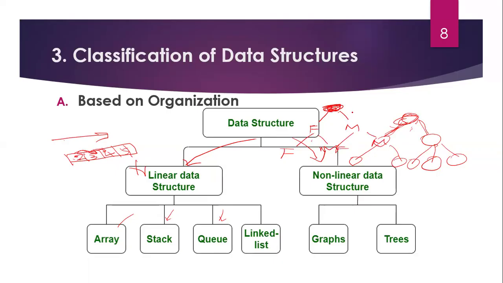If someone wants to know your grandparents' names, they have to come through your father and his father. So this is connected in a hierarchical method. You cannot directly access the grandparents. You have to first access the father, then only can you get information about the grandparents.